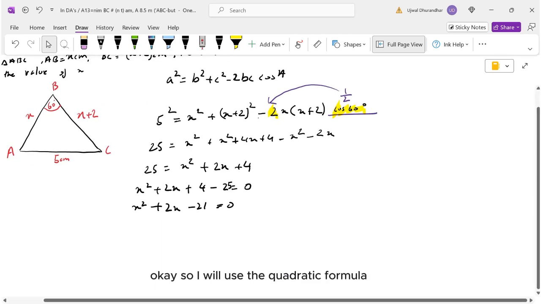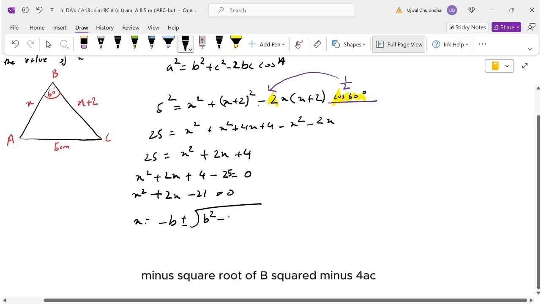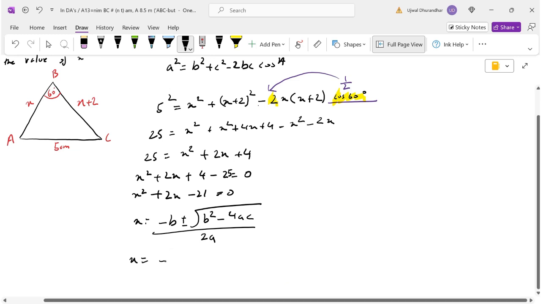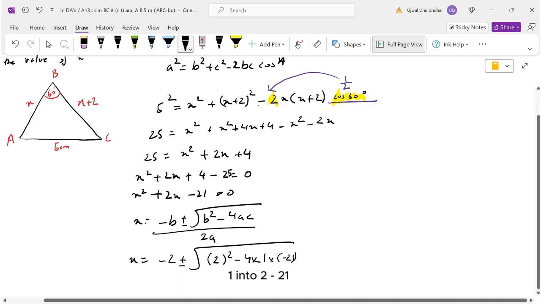Okay, so I will use the quadratic formula because it's easier for me. What is the quadratic formula? x equals minus b plus or minus square root of b square minus 4ac over 2a. So x equals, what is b? Minus 2 plus or minus square root of 2 square minus 4 into 1 into minus 21, over 2 into 1.